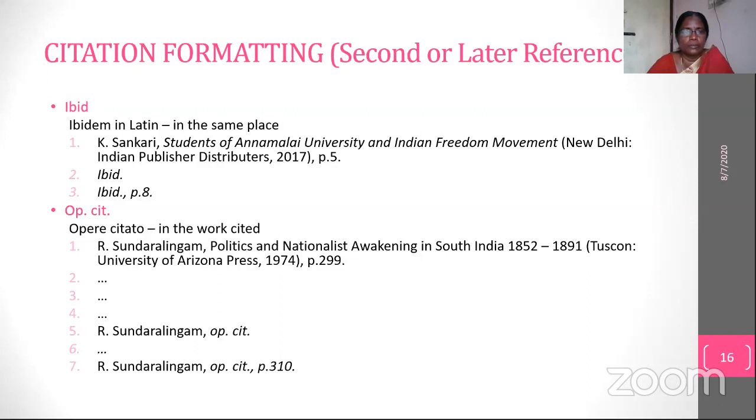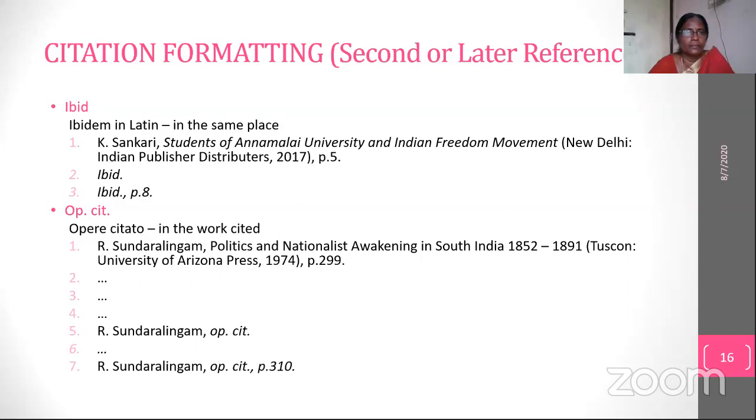Suppose we have to refer to this book again. The first time we have to write all the things up to the page number. Suppose the same references, the same footnote or endnote, repeat again, what should we do? We have to have three methods. Repeat.